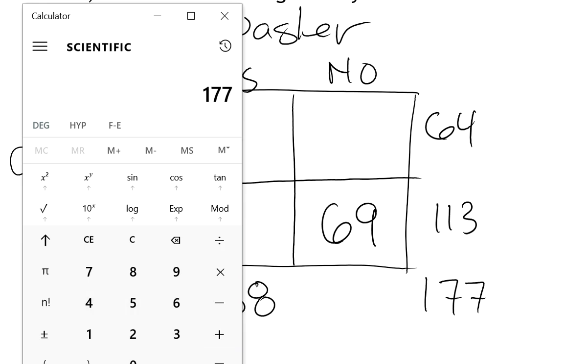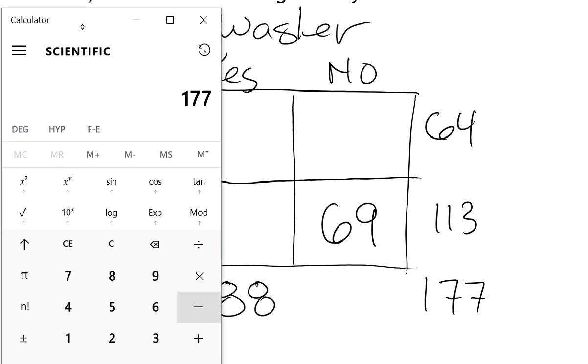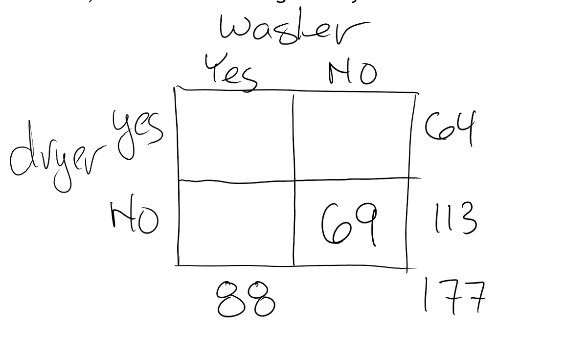And also if I take 177 customers and subtract the 88, that gives me this number. This number should be 89 customers. This is just how I'm chipping away at this. So I know of the 177 customers that came in, 89 did not buy a washer, 88 did buy a washer. Of the 177 customers that came in, 64 bought a dryer and 113 did not buy a dryer.